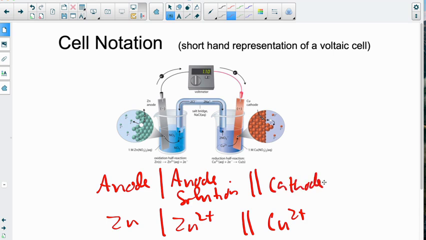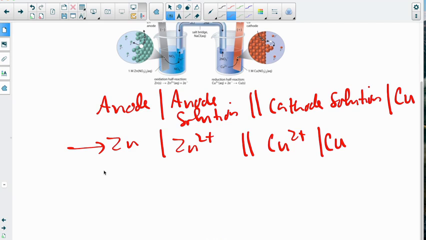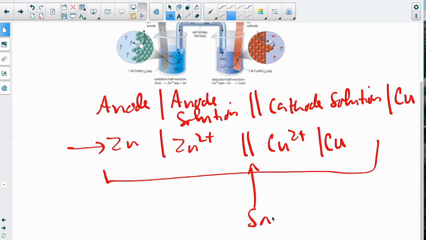So you can say cathode solution or cathode electrolyte. And then separated by a single line, and then you have your cathode. So if you see this, this is known as the cell notation for this particular voltaic cell that's shown. And that is my salt bridge right there.